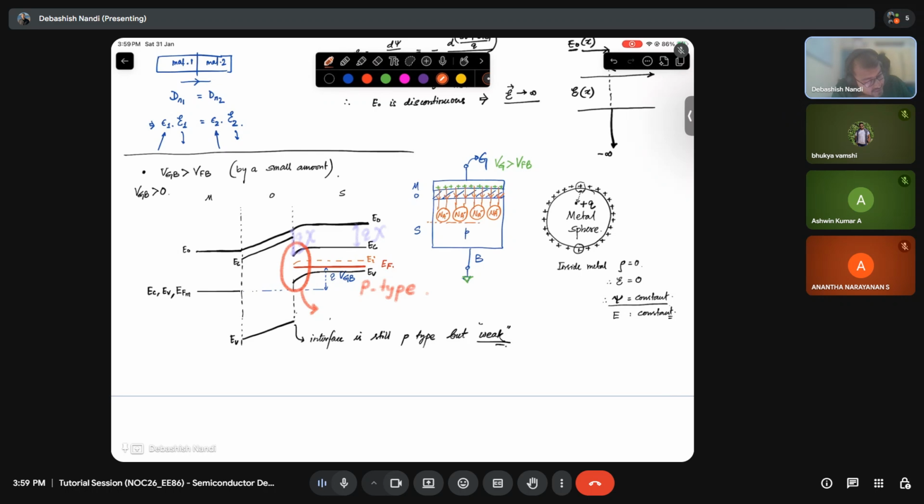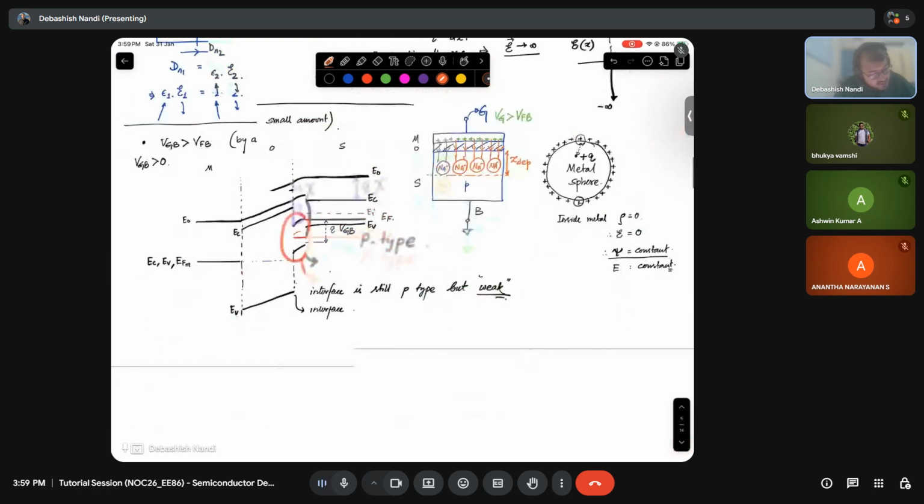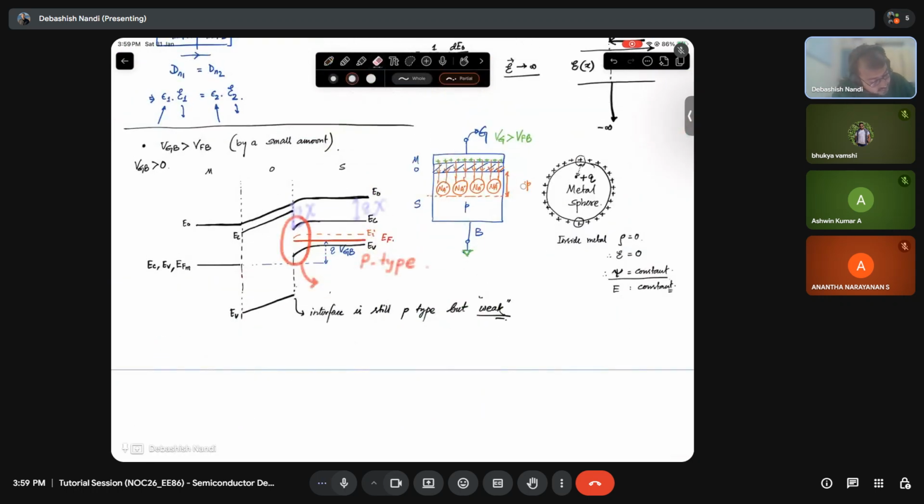So let's say this is happening in this region, and we call this, let's say, XDEP, depletion. We have used Y, right? So we'll use Y. So let's say this is Y depletion. So this Y depletion is basically this region, where your bands are bending.